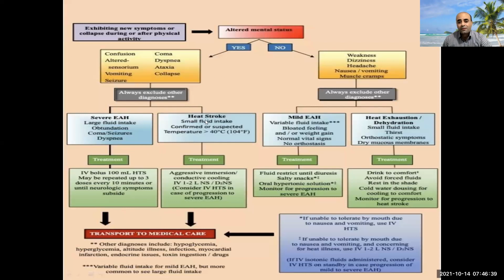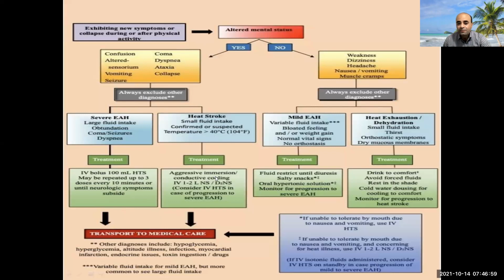Other differential diagnosis: heat stroke, with small fluid intake, and confirmed or suspected temperature more than 40. This is confirmed by these symptoms plus altered mental status, plus any symptoms of seizure, coma, delirium, collapse, dyspnea, with temperature more than 40.